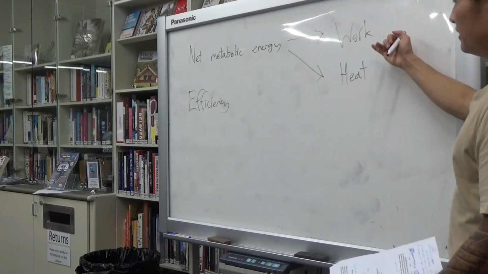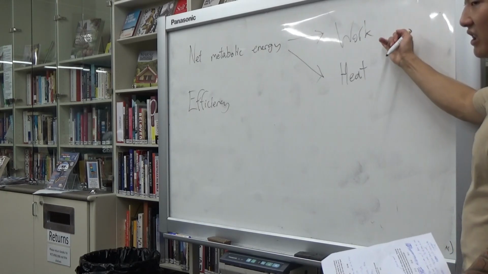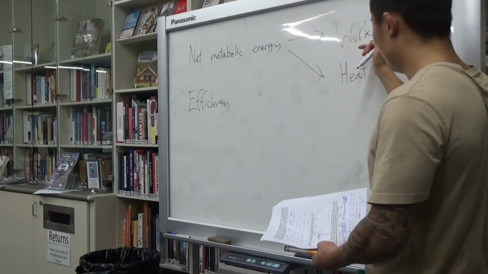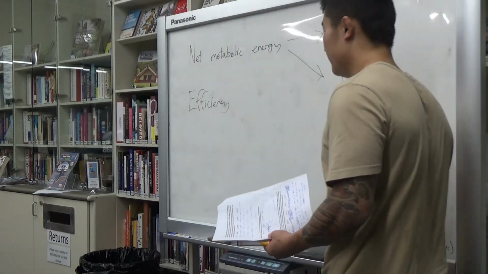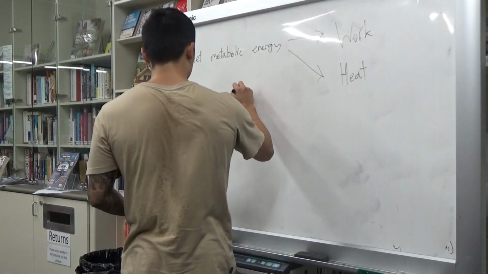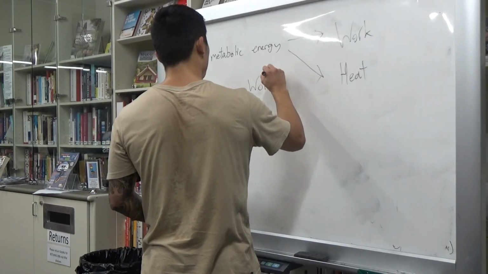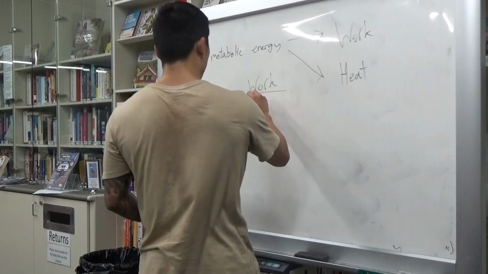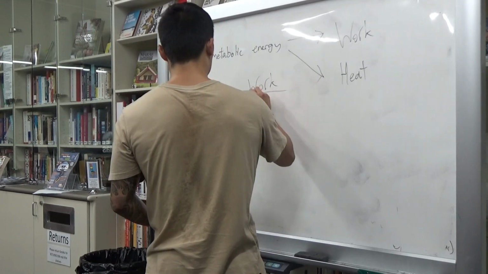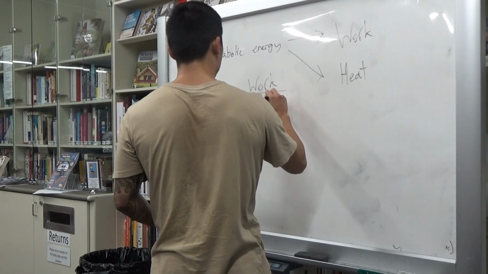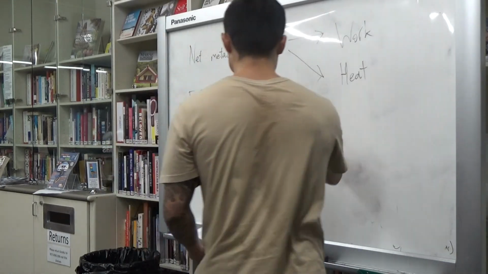So the higher that your efficiency is, the more work you're going to produce for the same amount of energy that you use. So the equation for that is work over the total energy that you use, or your net metabolic energy.